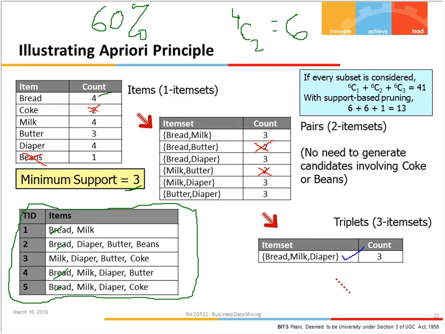Then next we will take bread diaper and combine it with milk diaper, which gives bread, milk, diaper. Bread diaper and butter diaper gives bread, butter, diaper.